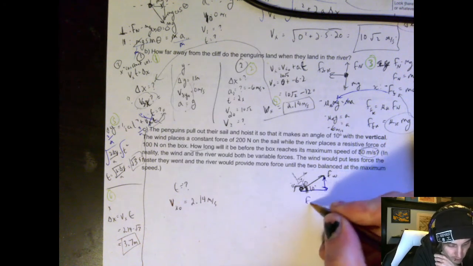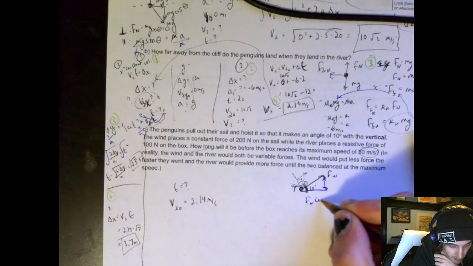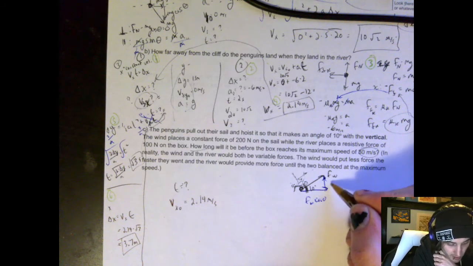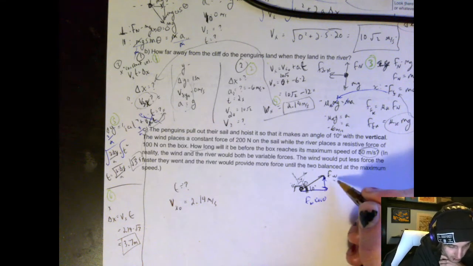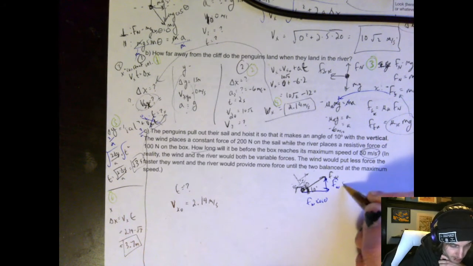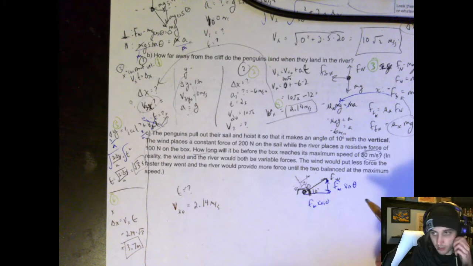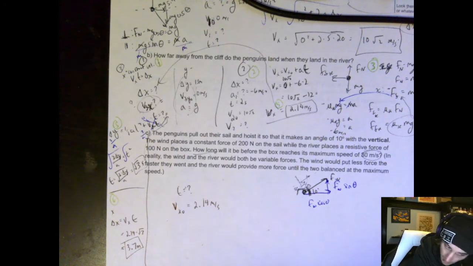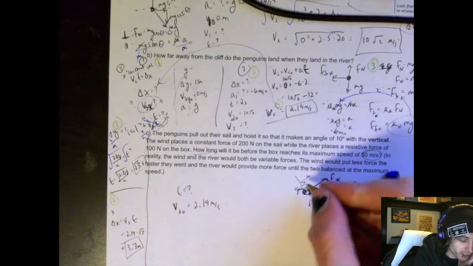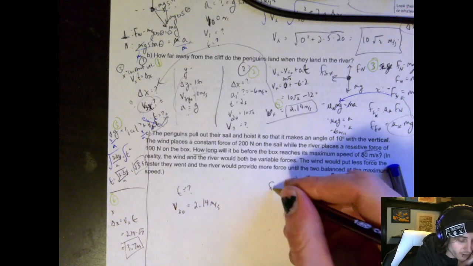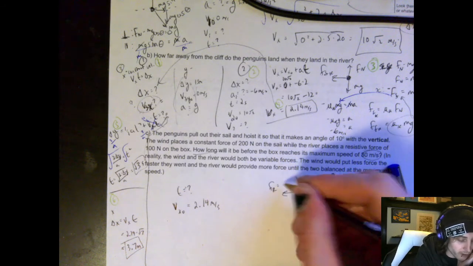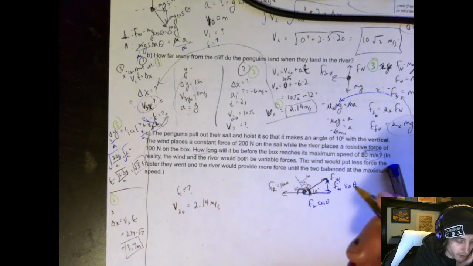We've got that the force from the wind times the cosine of 10 will be our component that's pushing us along. We've got that our force from our wind times the sine of our angle is going to be the part that's lifting us up. We're also given that there is a force from the river that's 100 newtons backwards.